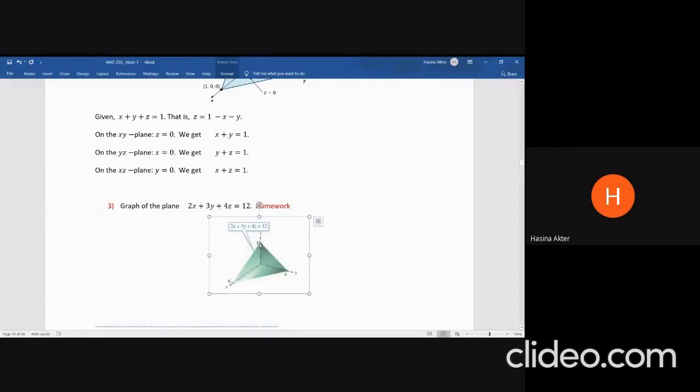This plane intersects only the positive z-axis at the point 0, 0, 3. Again, this intersects only the positive x-axis at the point 6, 0, 0. It intersects only the positive y-axis at the point 0, 4, 0.